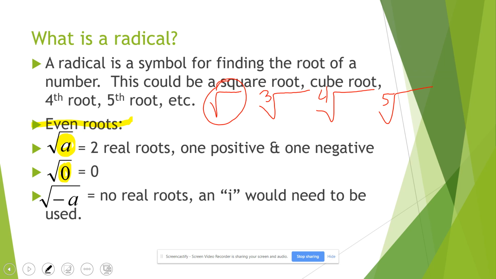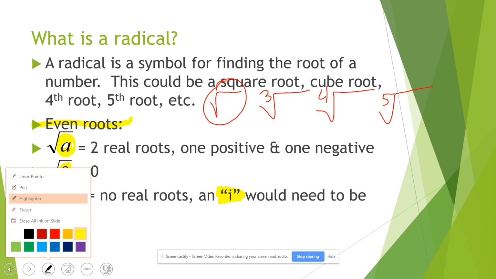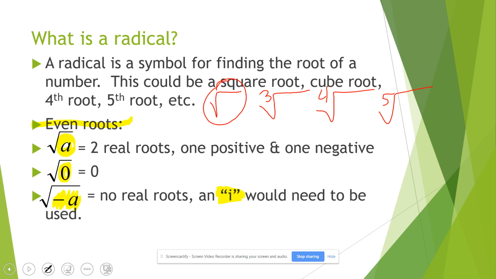There's no positive or negative for that because 0 doesn't have a positive and negative value. If your value underneath the radical for an even root is negative, you can still take the root, but remember you need the letter i because there are no real roots. i is equal to the square root of -1.